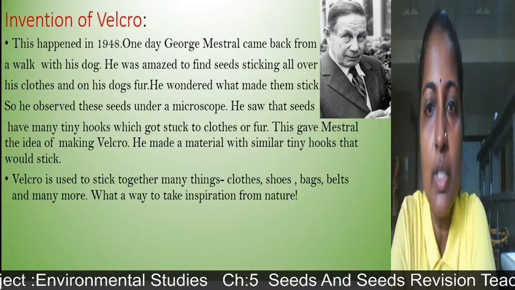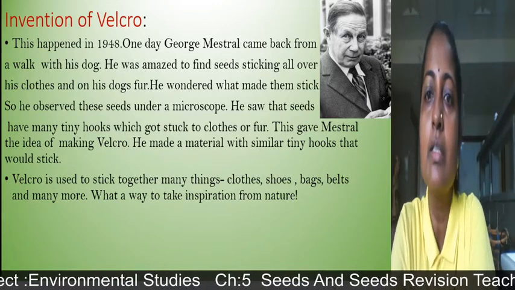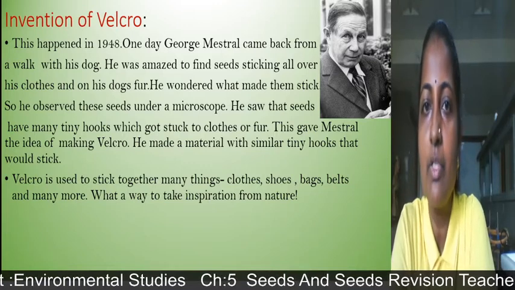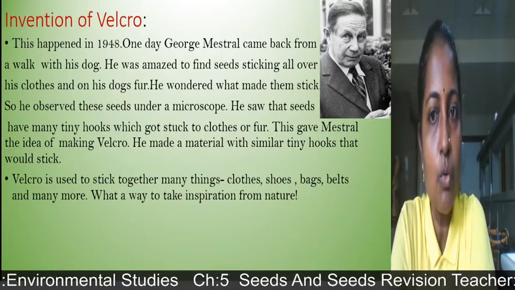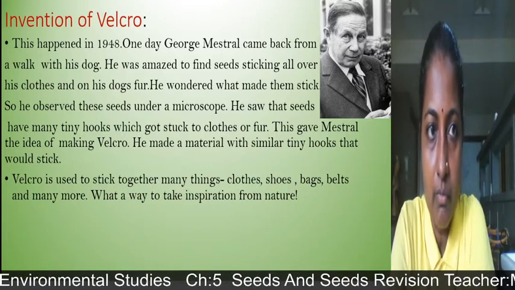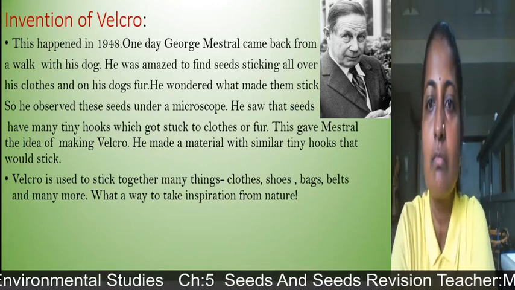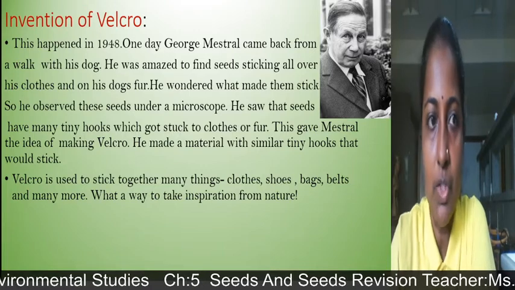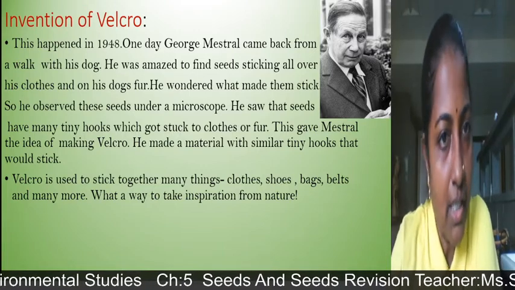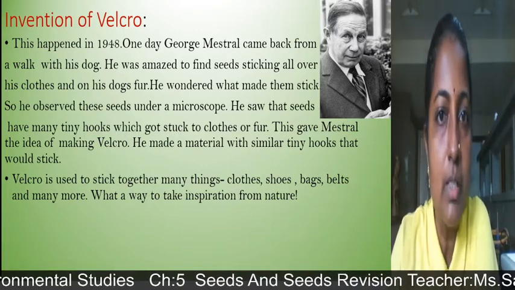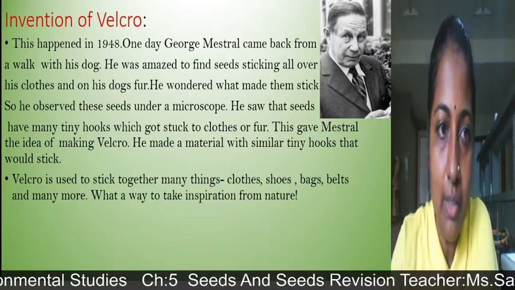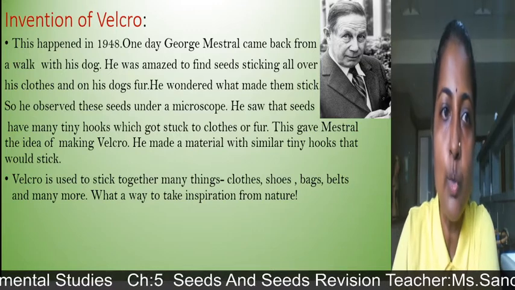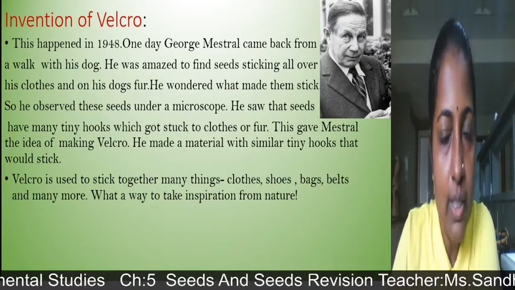Now let's go towards some inventive part. It is important for you also. Nowadays the condition is that we should do some study, and we should also invent some things which are useful for the coming generation. So this happened in 1948. One day George Mestral came back from a walk with his dog. He was amazed to find seeds sticking all over his clothes and on his dog's fur.